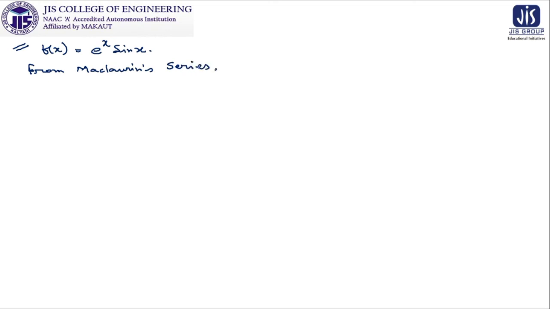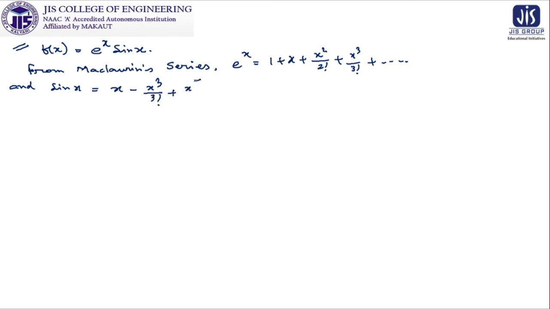We can write the expansion of e to the power x as 1 plus x plus x square by factorial 2 plus x cube by factorial 3 plus dot dot dot, and also for sin x, it is x minus x cube by factorial 3 plus x to the power 5 by factorial 5 plus dot dot dot. We know all this.